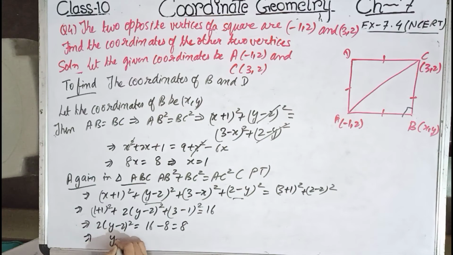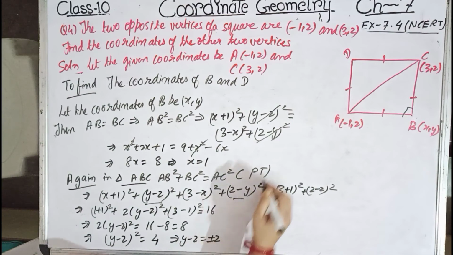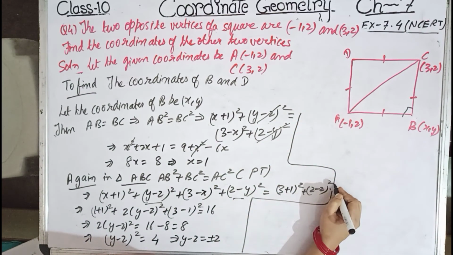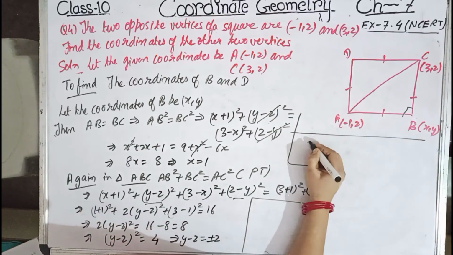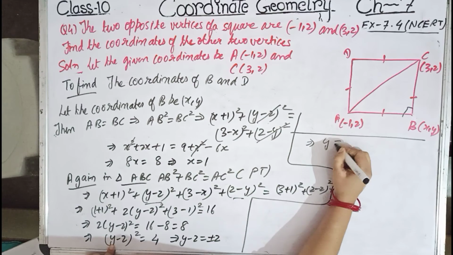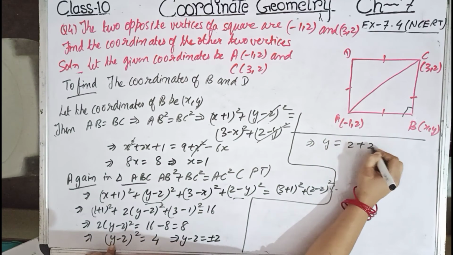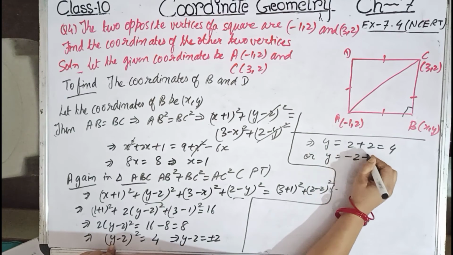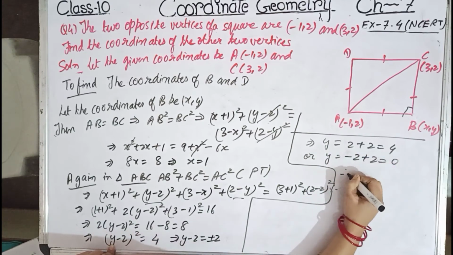So this implies (y minus 2) whole squared equals 4, so y minus 2 equals plus minus 2. So this implies y equals 2 plus 2 equals 4, or y equals minus 2 plus 2 equals 0.